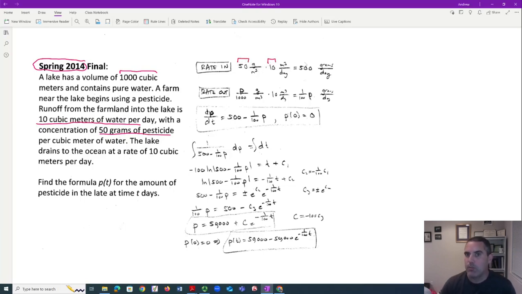You can watch that video for more. This is just a mixing problem. Don't be scared by the fact that it says lake instead of vat. The key piece is that P or Y should be divided by the volume. Then you solve, and it's these same 4 steps of simplifying in algebra.